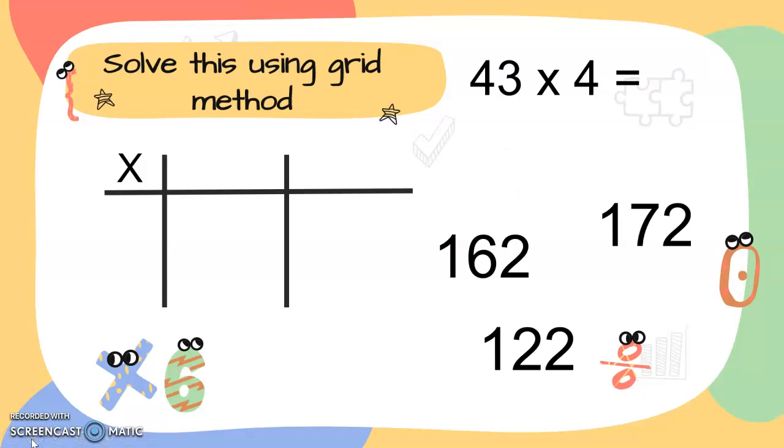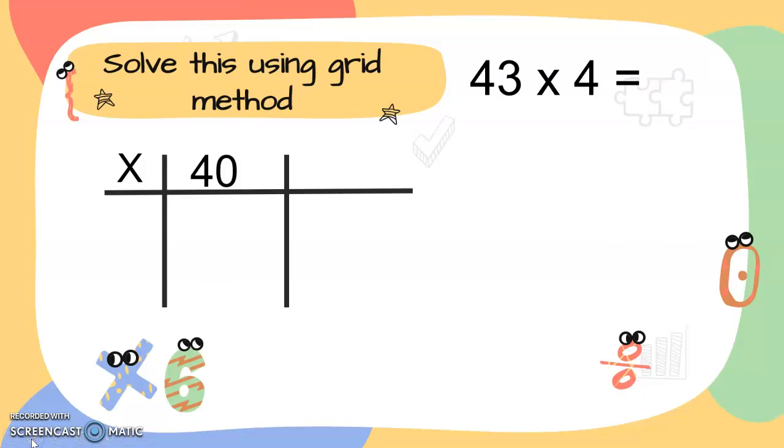It's not 43 and it's not 162. We're getting close. Which is it? Well done if you got 172. How did we get that? We first partitioned the 43 into 40 and 3. We place the 4 underneath.